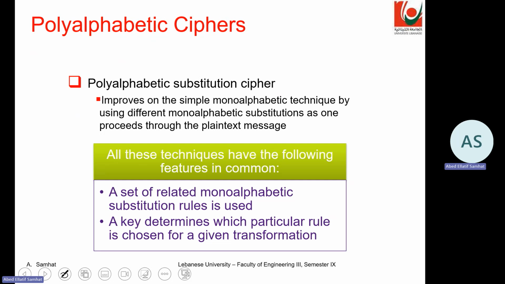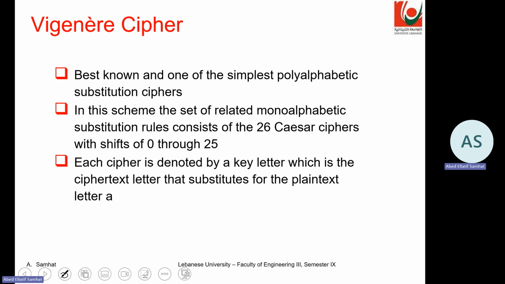Now with polyalphabetic, we have multiple ciphertext alphabets, and a set of monoalphabetic substitution rules that we are using. For example, the Vigenère cipher is a kind of polyalphabetic substitution cipher.